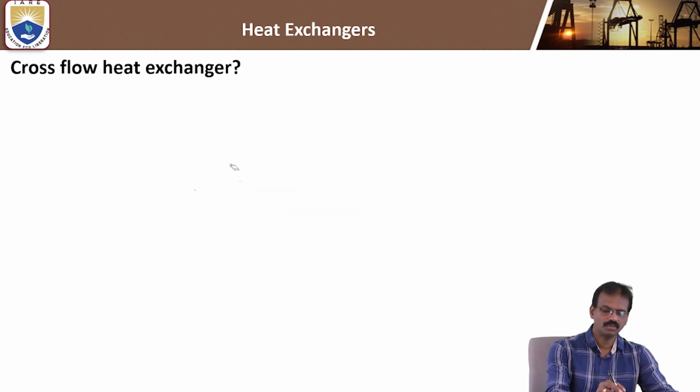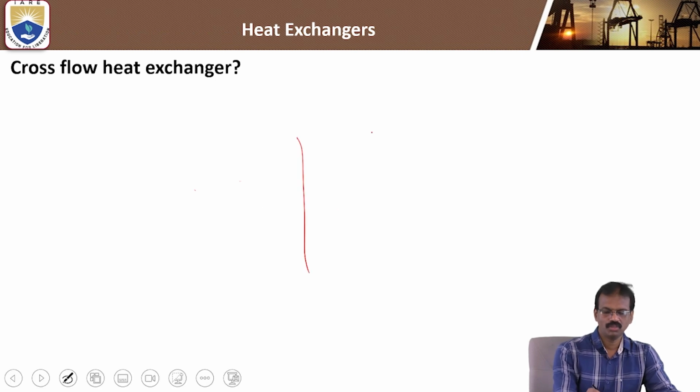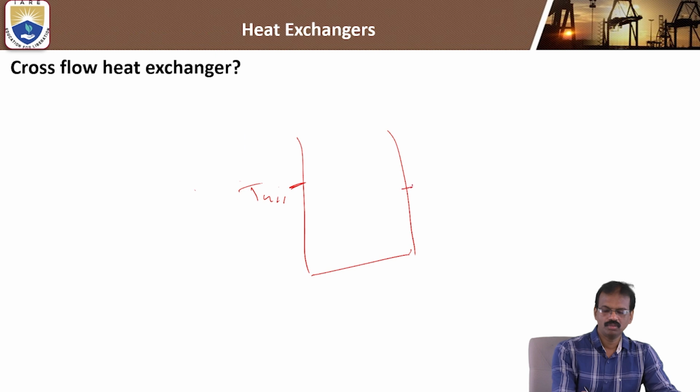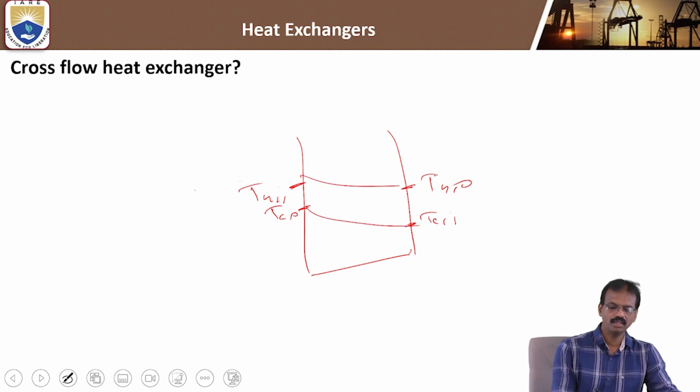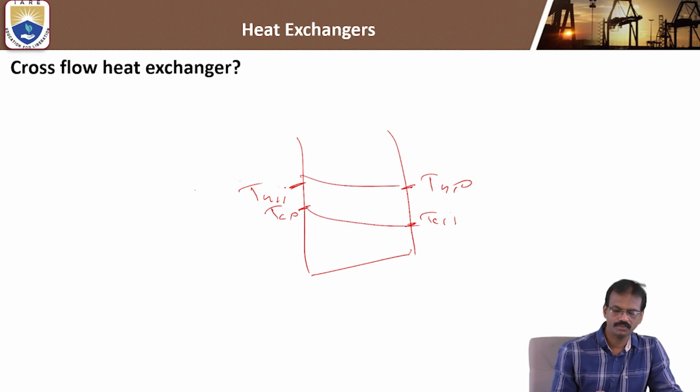The remaining temperature profile is similar to the graph of cross flow: hot fluid inlet, hot fluid outlet, cold fluid inlet, cold fluid outlet. So this is similar for finding the cross flow formula.